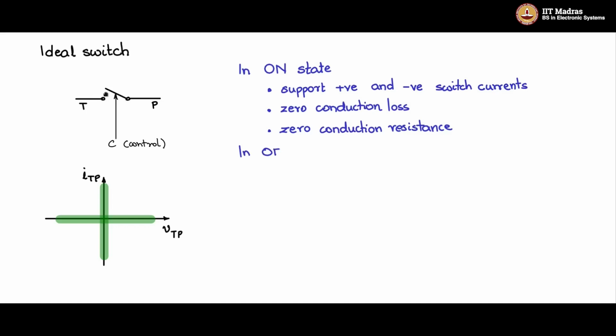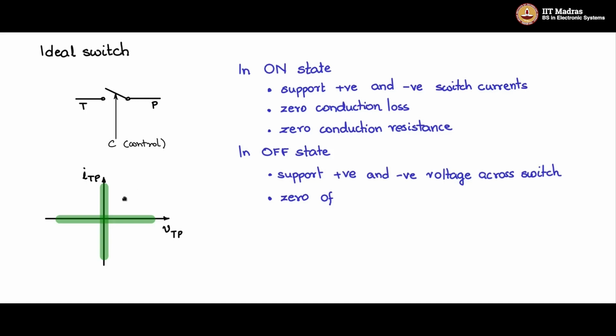In the off state, again looking at the characteristic, it has to support voltage. So it should be capable of supporting both positive and negative voltage across the switch. This is one characteristic of the ideal switch.